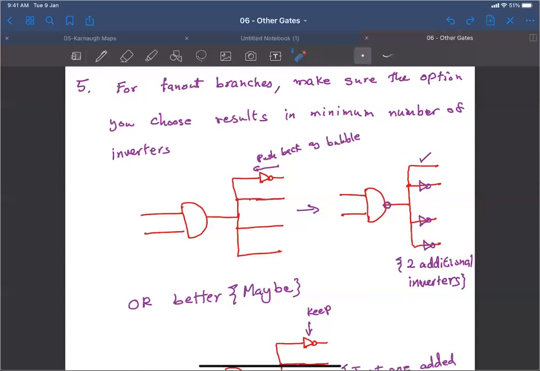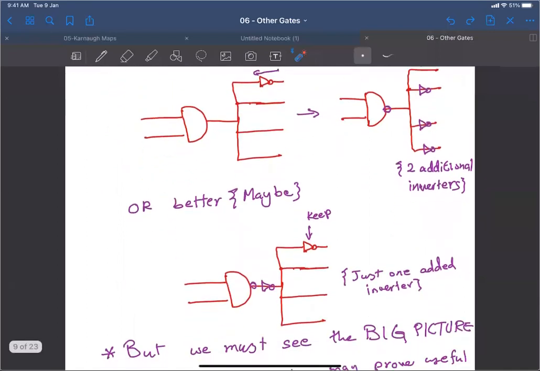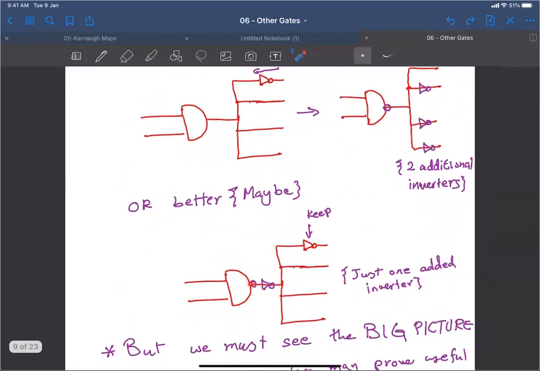So this option here results in how many inverters? This option results in 1, 2, 3 inverters, which is 2 additional inverters than the original. Or the other option is to add a bubble here, keep this as is, and add a bubble here, and then cancel it out using an inverter at the stem of the fan-out branch.